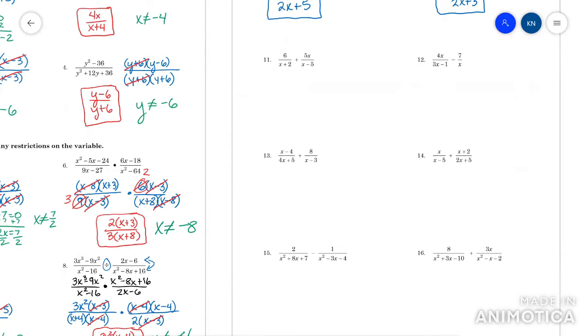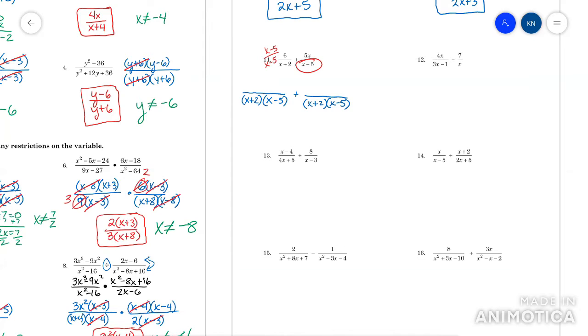Okay, this next one is where they step it up a notch. These do not have a common denominator. You have to get a common denominator. The common denominator would be both of those denominators together, like this. So what you're going to have to do is, like this x minus 5, you have to give it to the fraction on the left.